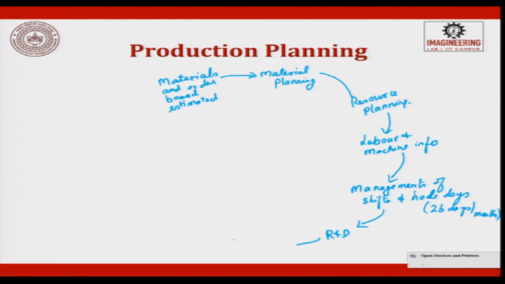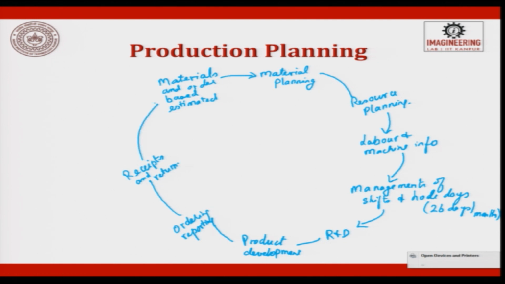Then product development happens. Then you have ordering, order reporting happens. Then you have receipts and returns to file, and this goes to the estimate.